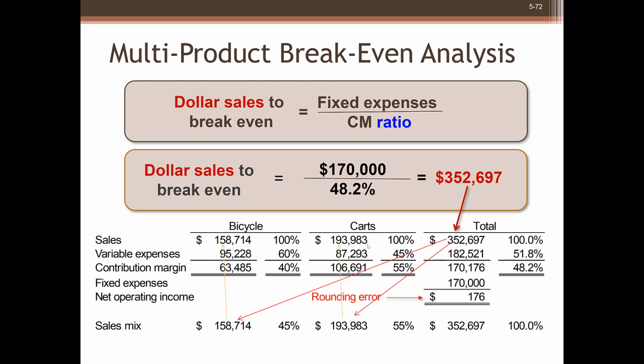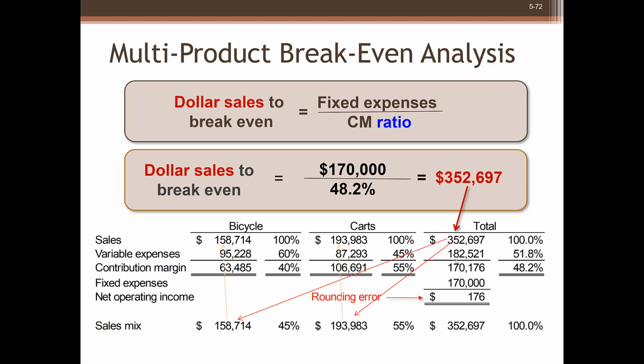And then based on the variable expense ratio and contribution margin ratio, we can calculate variable expenses and contribution margin, respectively, for bicycles and for cards. Let's take a look at the total column here. We have sales minus variable expenses.